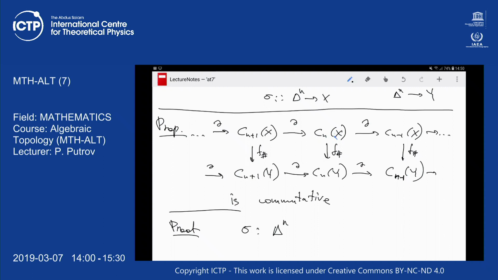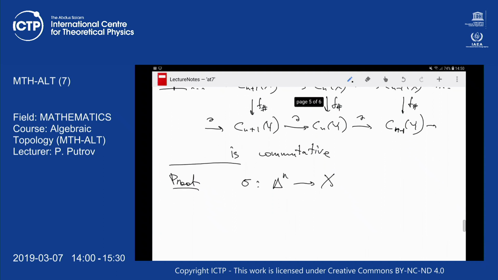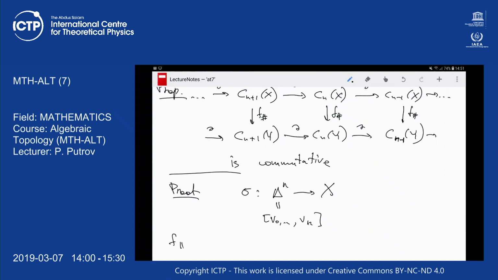So let me take a generator of this group, a map from Delta^m to X. Again, we can fix the notation for this simplex. Its vertices are b_0, ..., b_m, and we want to consider how f sharp acts on D of sigma. So we took a generator here and acted first by D and then by f sharp.